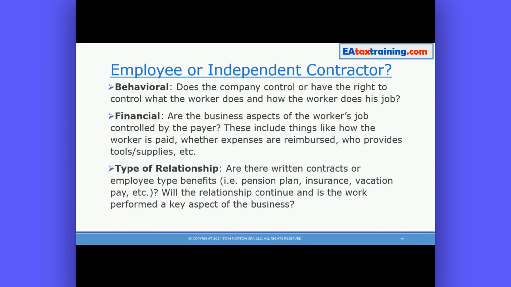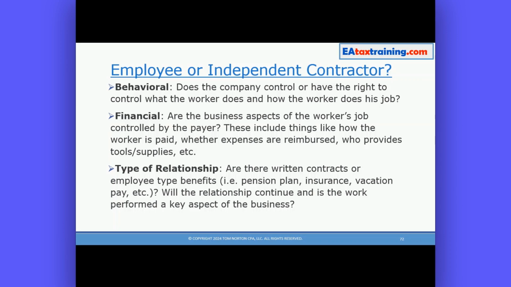From a financial standpoint, are the business aspects of the worker's job controlled by the payer? This includes things like how the worker is paid, whether or not expenses are reimbursed, who provides the tools or the supplies that are used in doing the job. And then the type of relationship. So are there written contracts or employee type of benefits?